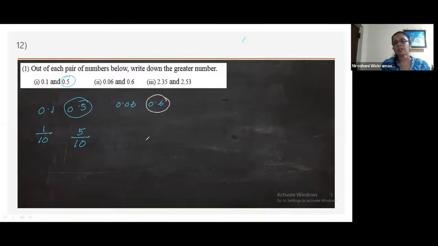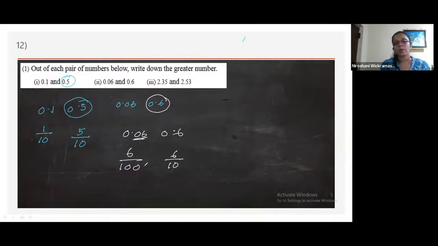But if someone still can't understand, he can think like this. 6 with 2 decimal places means 2 zeros in the denominator. It means 100. 1 decimal place means 1 zero, which means 10 at the denominator.